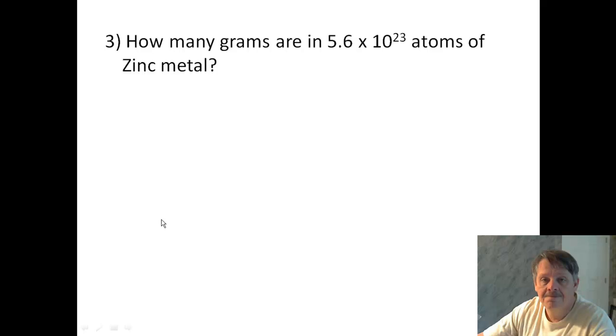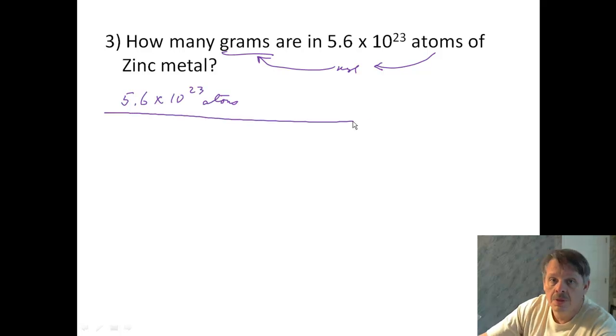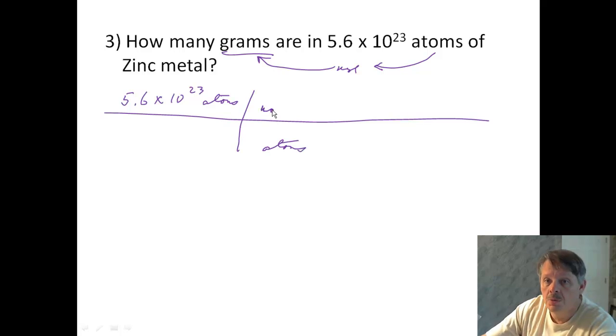Okay. All right. How many grams are in this many atoms of zinc metal? So the first thing we have to do is figure out how much zinc weighs, because we have grams involved. Because we have to go from atoms to moles to grams. So as you think about it, you're going from atoms to moles to grams. So we have 5.6 times 10 to the 23rd atoms. And we have to convert from atoms to moles.